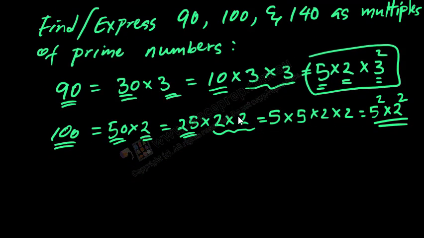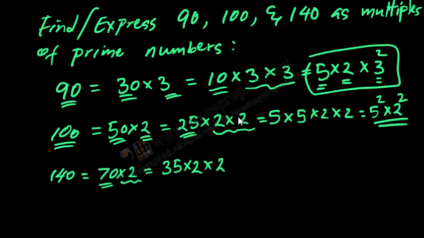Now let's look at our last number, which is 140. We can express that as 70 times 2, but 70 could be expressed as 35 times 2, in which case we can leave the other times 2 as it is. In the next stage, we could express number 35 as 5 times 7, and we can leave the other two numbers as they are, which is 2 times 2.